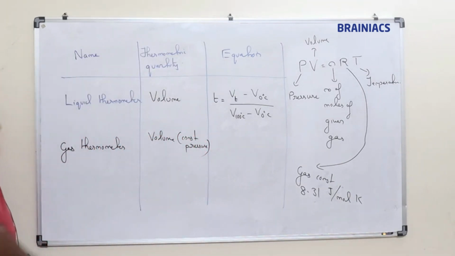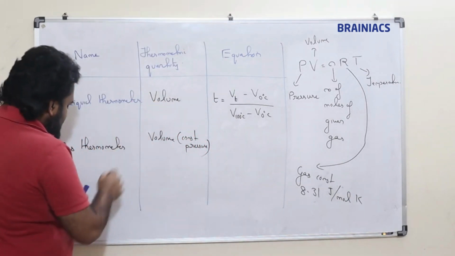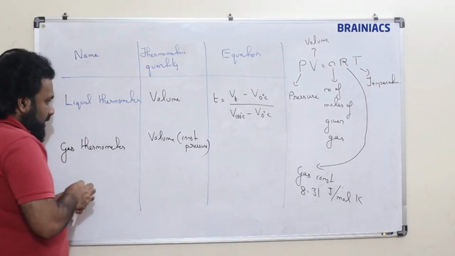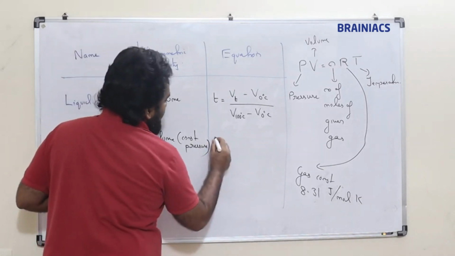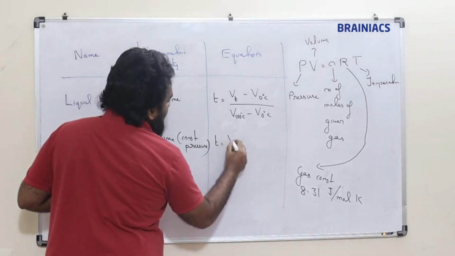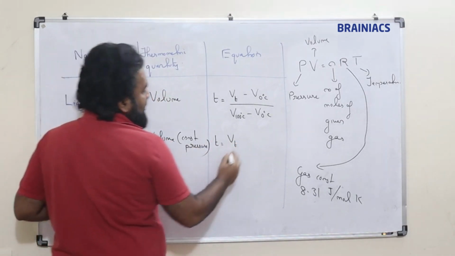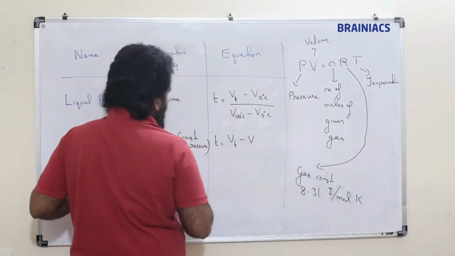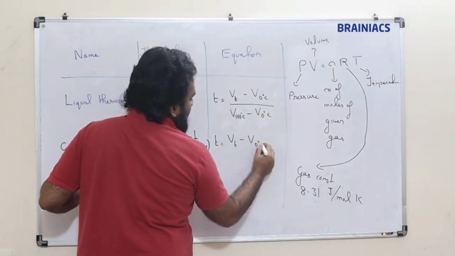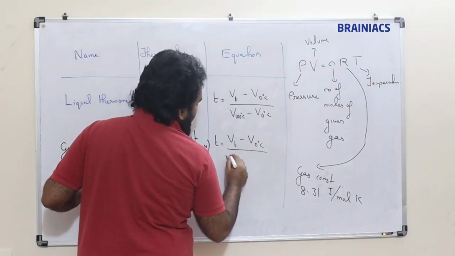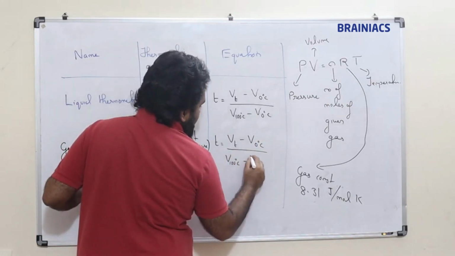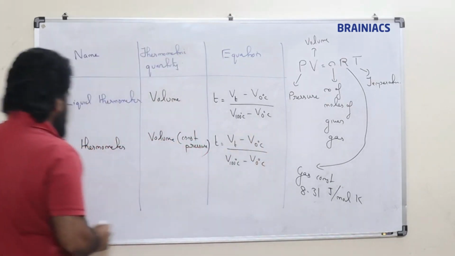So at a constant pressure, what is going to change? Temperature is equal to the volume at that particular temperature minus the volume at 0 degree Celsius, divided by the volume at 100 degree Celsius minus the volume at 0 degree Celsius.